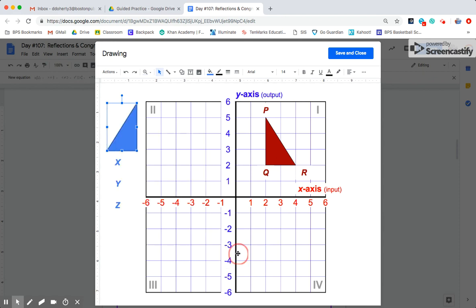We hit flip horizontally. And now if our reflection line is the y-axis, I see P and Q are 2 units to the right of the y-axis. So now I want that side, not perfect, try again. P and Q now are both 2 units away.